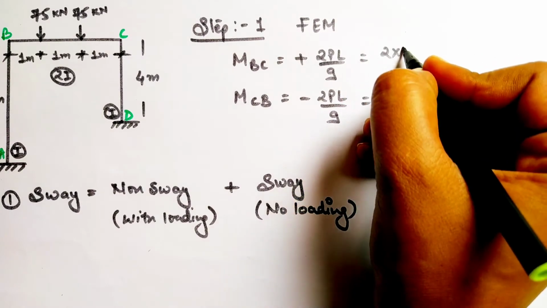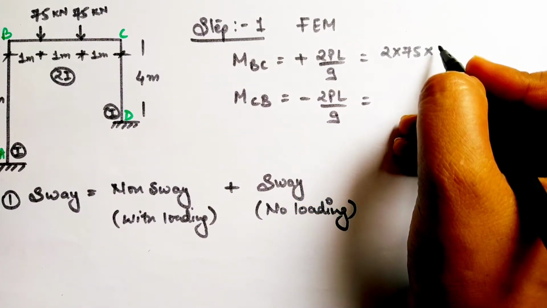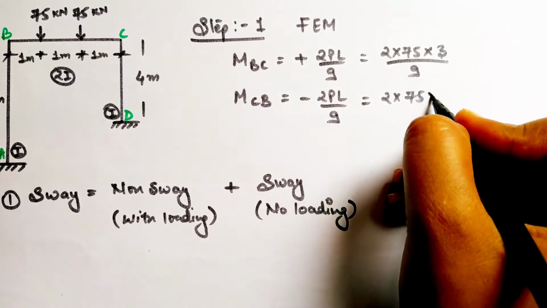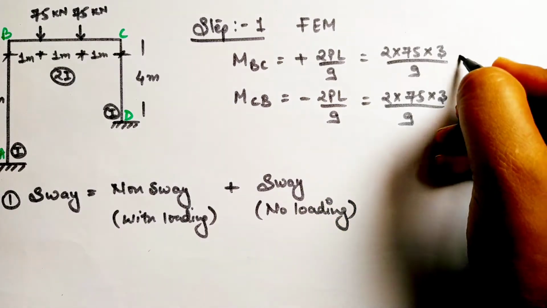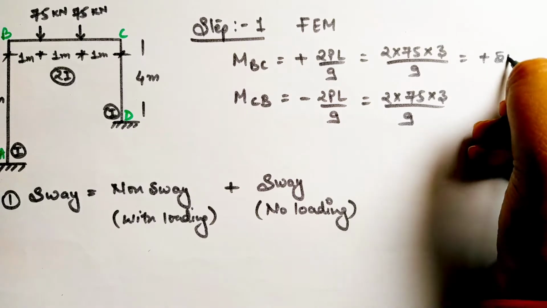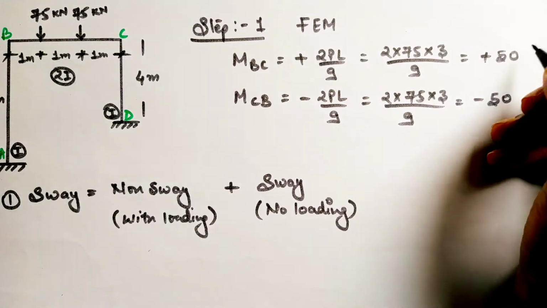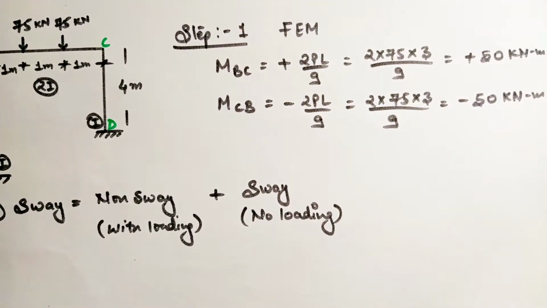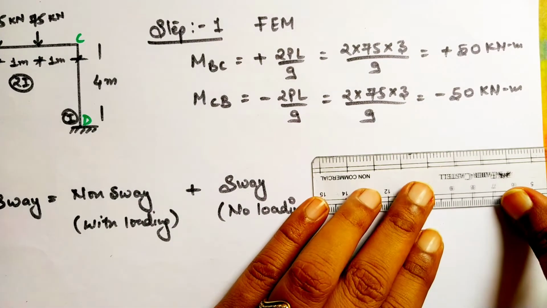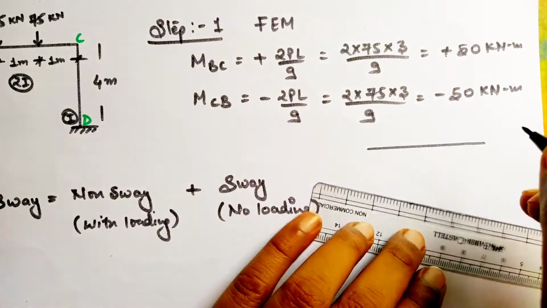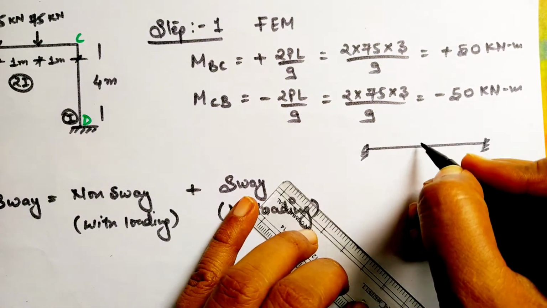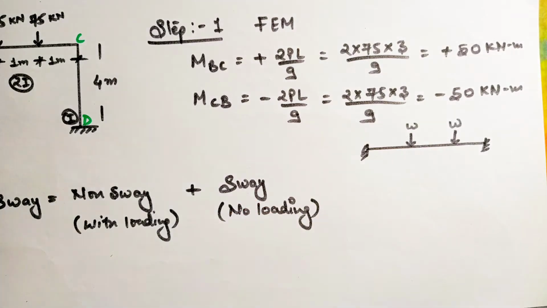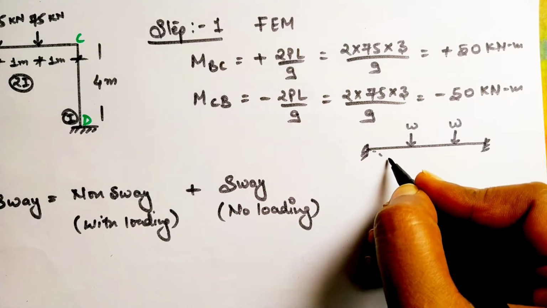Here P is 75. Now your question could be why we are putting BC as positive and CB as negative. Here we have just substituted the values of P and L and found the final values of MBC and MCB. Now why have we taken positive and negative? In this question, if a load is coming, this is how our beam will be deflected.